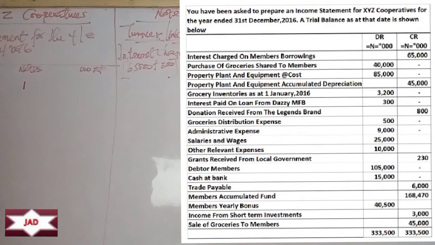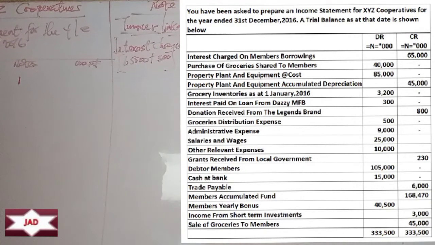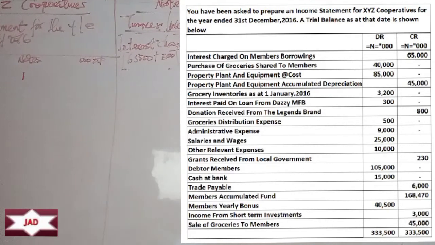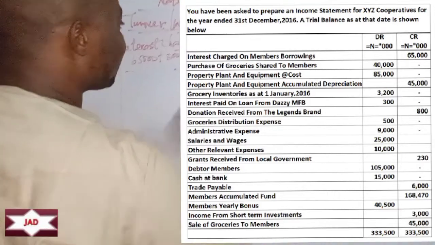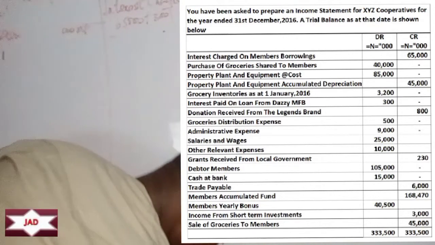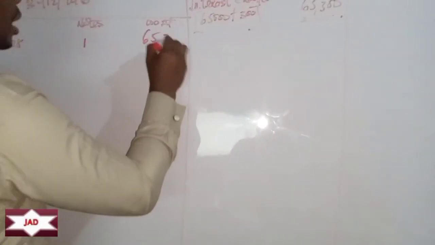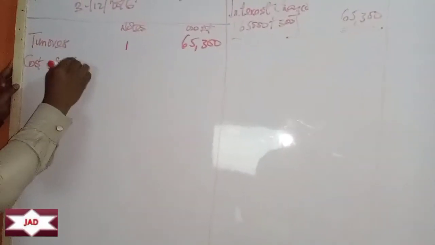We have cash at bank, trade payables, members' accumulated yearly bonus, income from short-term investment, sales of grocery to members. So basically, the turnover here is 65,300.